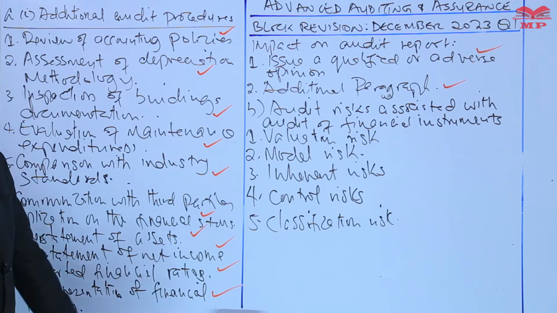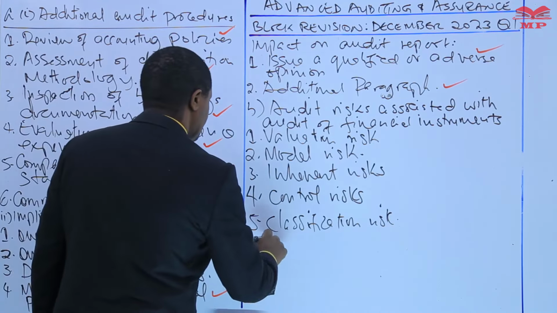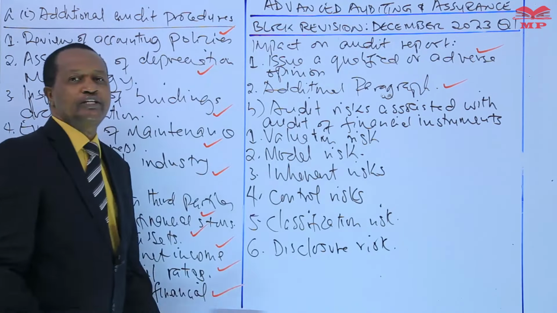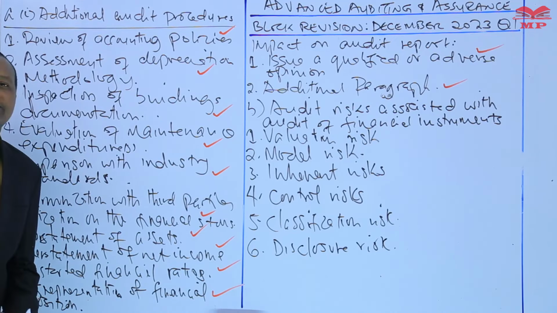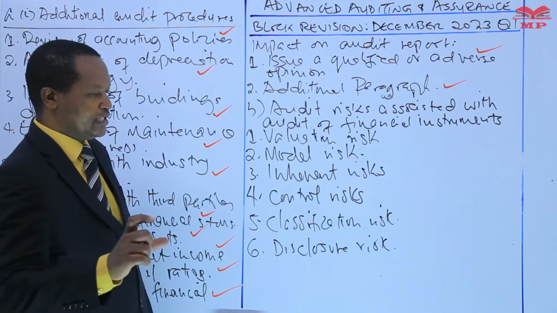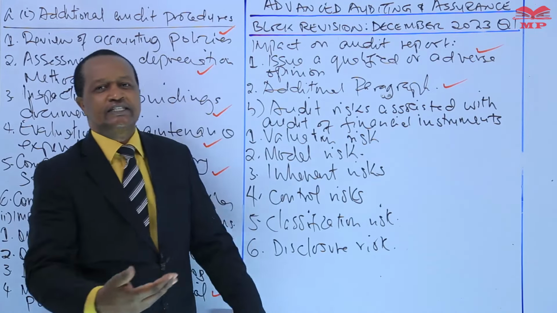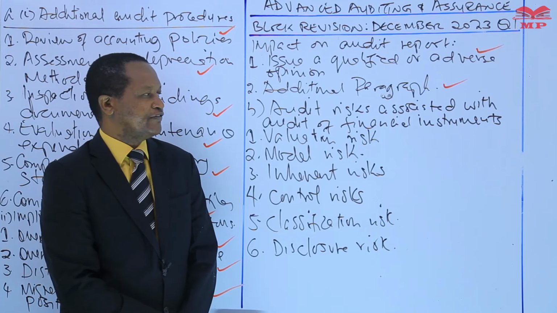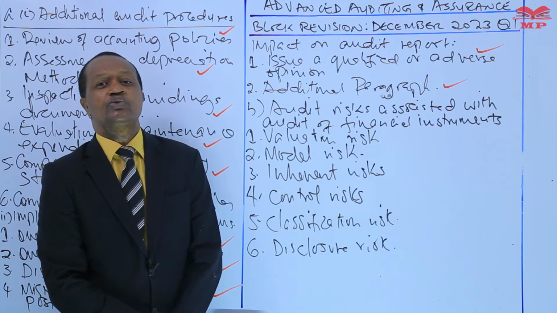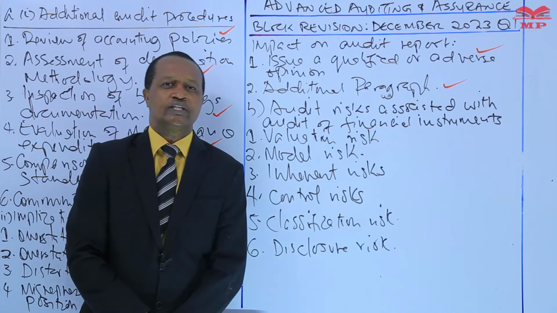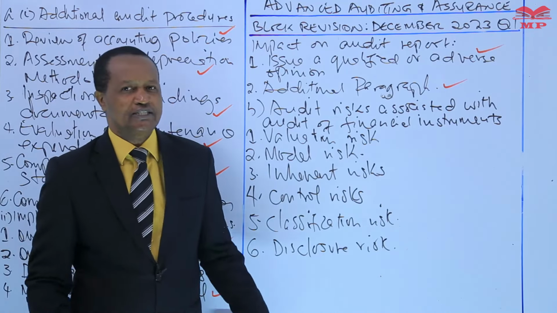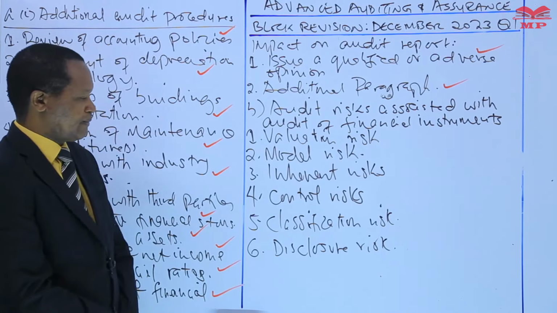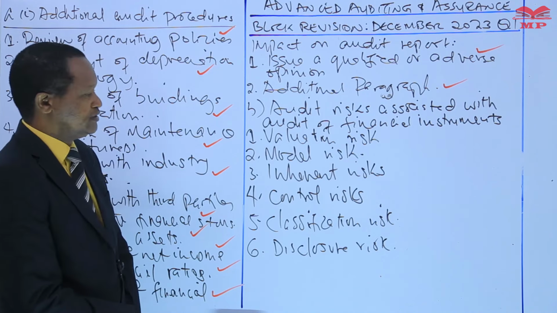There's also disclosure risk associated with the audit of financial instruments. The financial statements may not adequately disclose the nature and the extent of the risk associated with financial instruments. Insufficient disclosures, candidates, can mislead users of the financial statements. So auditors need to assess the completeness and the accuracy of disclosures related to financial instruments, like derivatives.